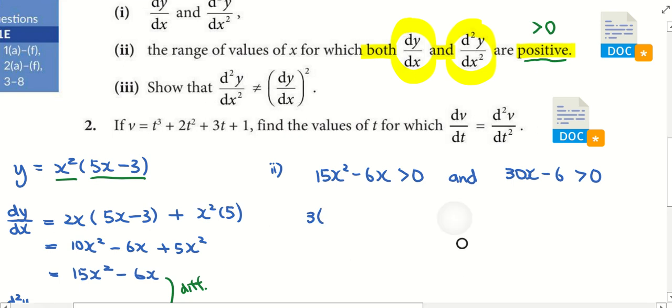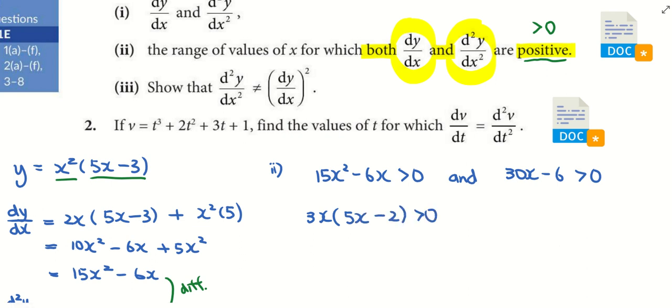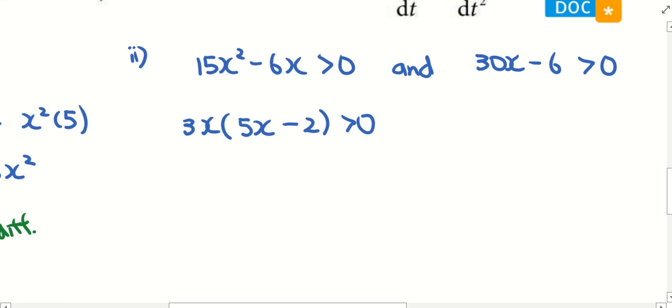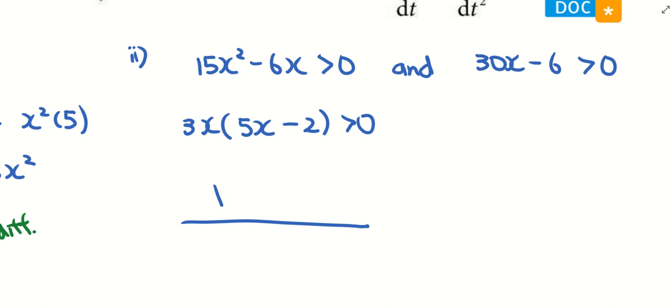Factorize means take out the highest common factor. After this, it's not 3x more than 0 and 5x minus 2 more than 0. No, not the zero product rule. Because it's quadratic, what do you have to draw? This.